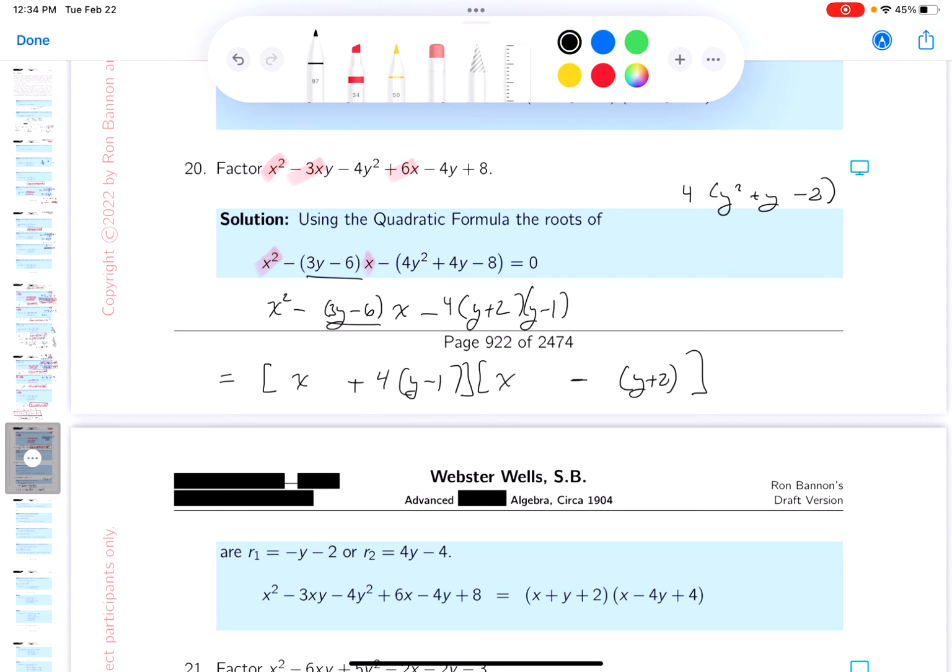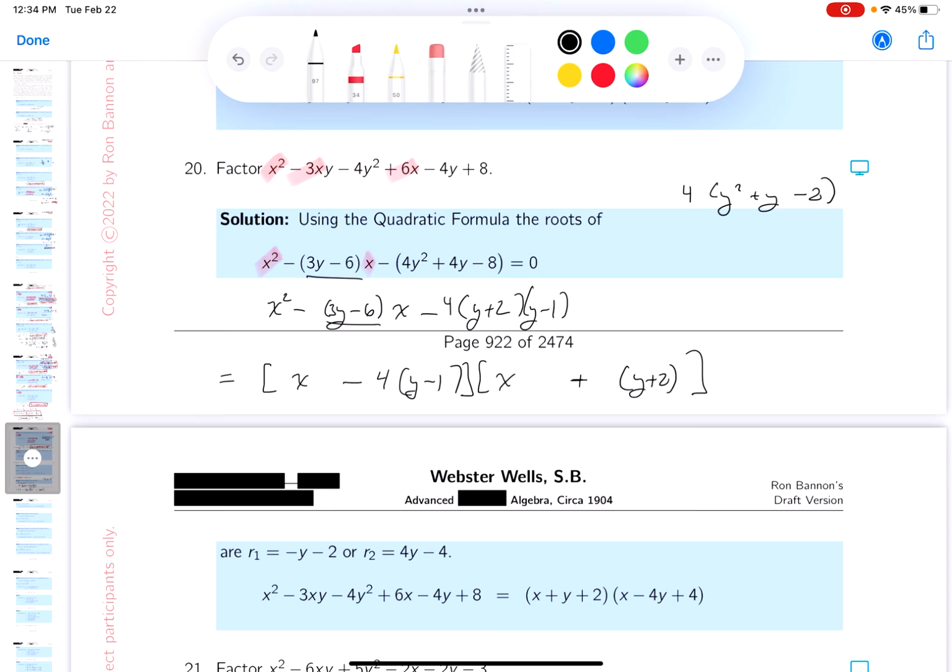And let me see if I get that 3y. That'll be minus 3y, right? Let's see. Nope, I got to change. All right, give me a moment. Minus 4y plus y is minus 3y.